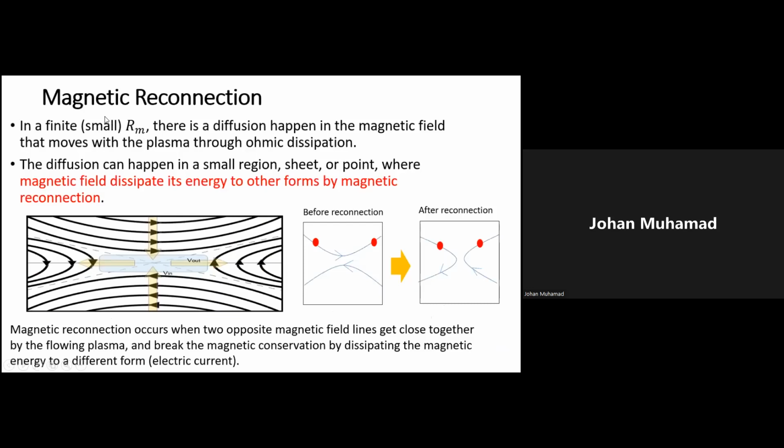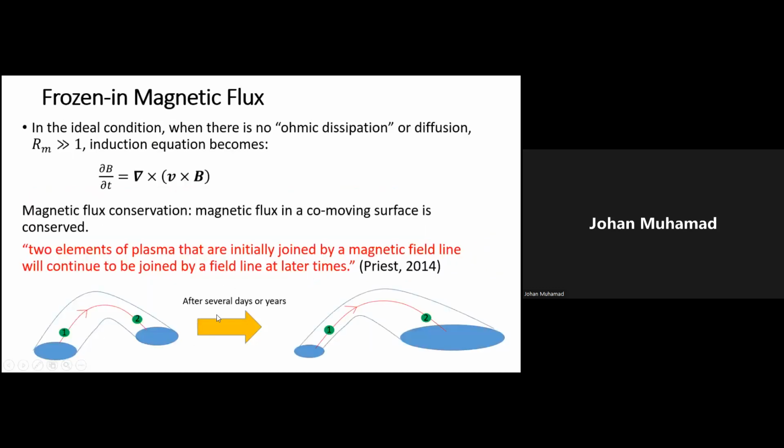But what happens in a system with a very small magnetic Reynolds number? If this magnetic Reynolds number is quite small, there is diffusion of the magnetic field that moves with the plasma through ohmic dissipation. In the previous example, I showed you that these two elements are connected to the same field lines for a very, very long time, or maybe forever.